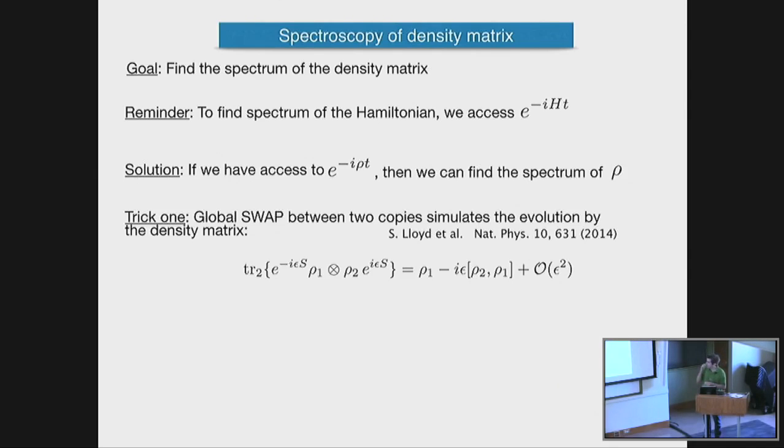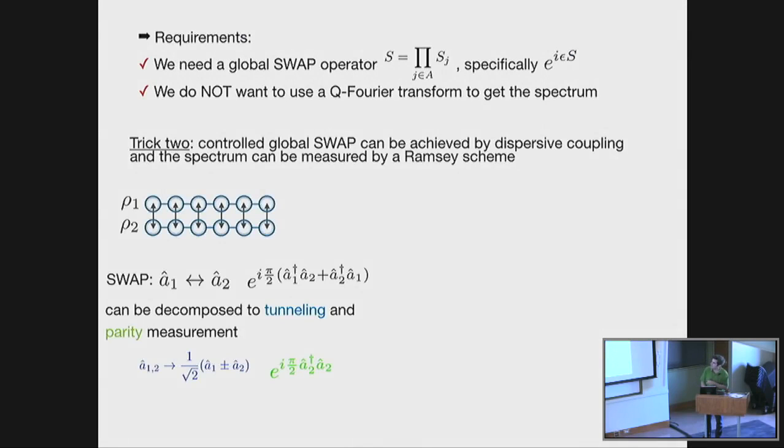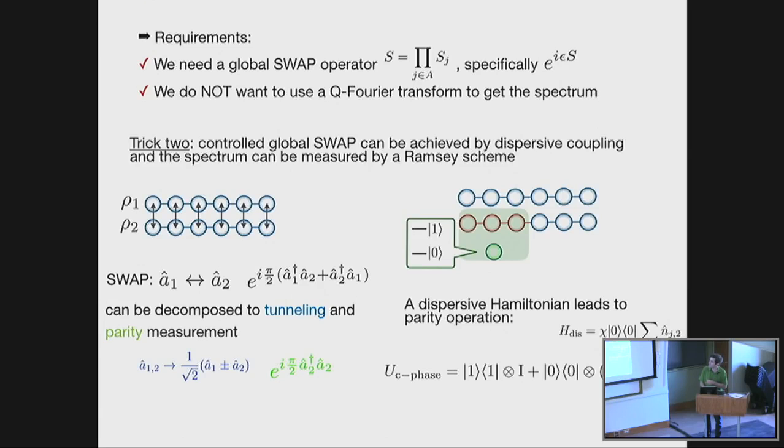And then we figured out a way to really do this, because it needs a global swap, and the global swap is not easy, but it turned out that you can do the global swap by just dispersively coupling an ancilla to part of the system, and not only make that global swap, but also read the spectrum of the system from that ancilla.